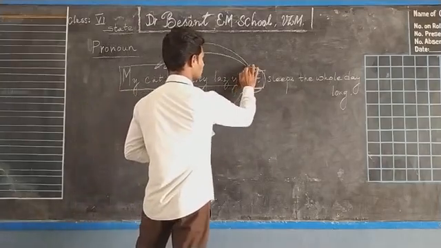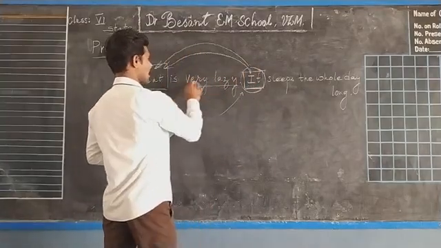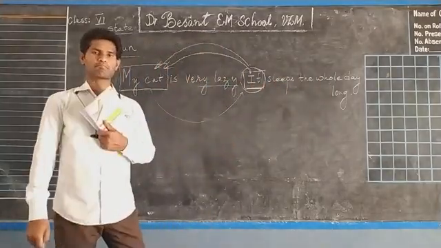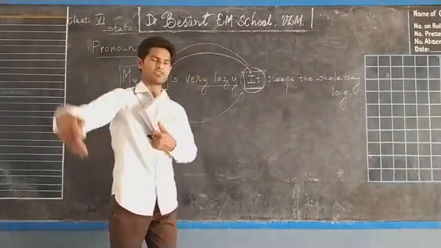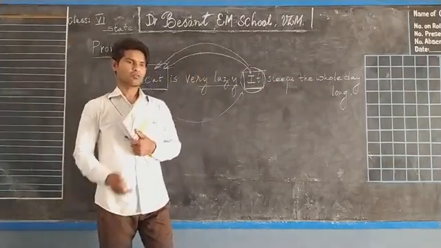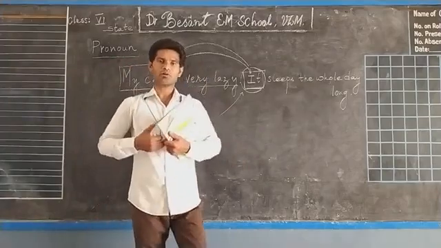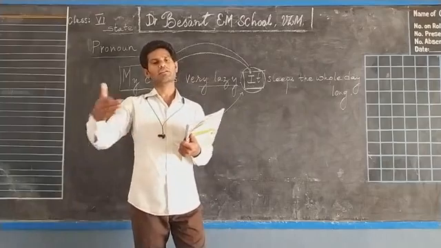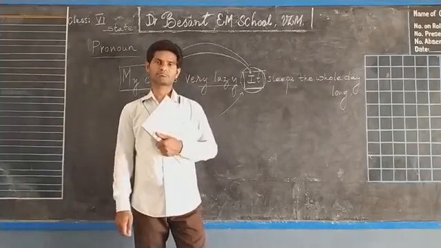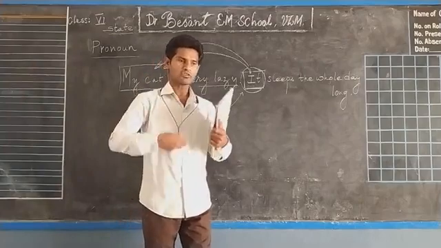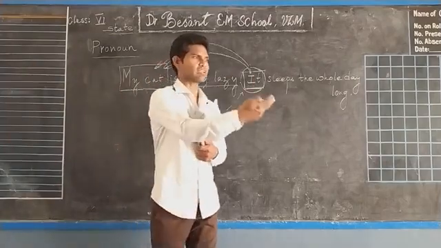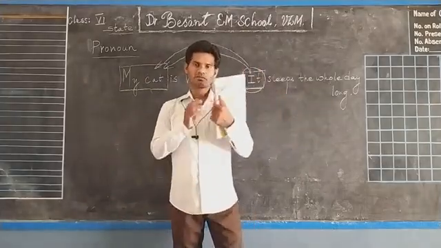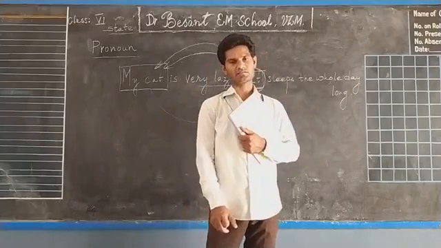In case you write, my cat is very lazy and my cat sleeps the whole day, both are okay. But in our regular communication, in our daily conversation, we don't need to repeat the noun repeatedly. When you start telling a story, the first time we introduce the character or an object.